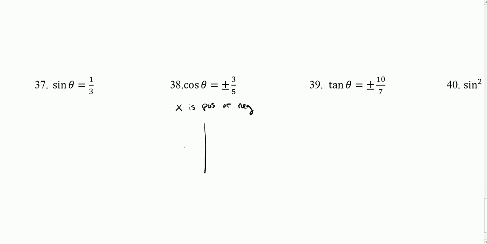Where x is positive, on the right-hand side, that would be quadrant 1 or quadrant 4, but x is negative on the left-hand side, so that would be quadrant 2 or quadrant 3. So we're okay with any of those because our cosine could be positive or negative. So we want to say quadrant 1, 2, 3, and 4.